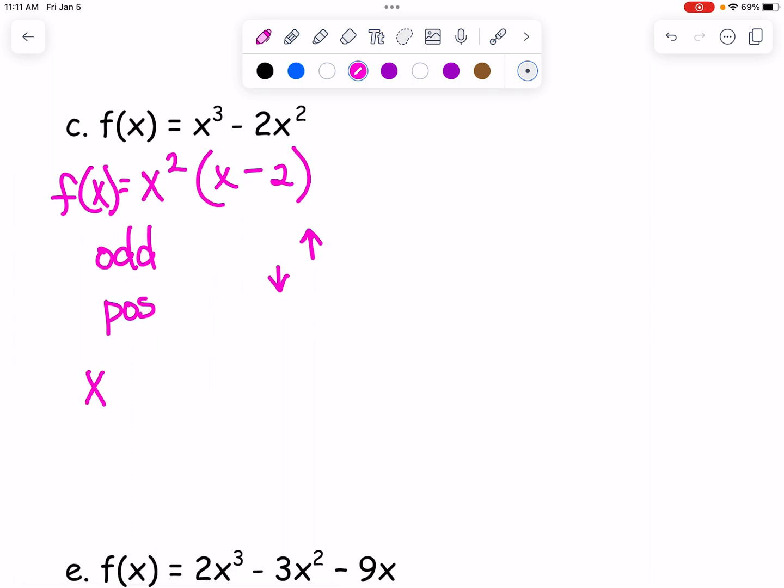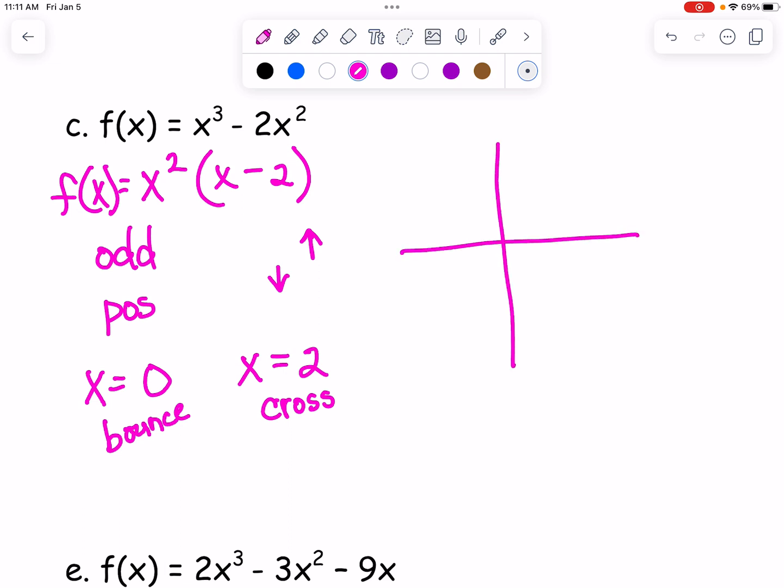My x-intercepts are 0 and 2. At 0, it's going to bounce. At 2, it is going to cross. 0, 2, starts at the bottom, bounce at 0, cross at 2.